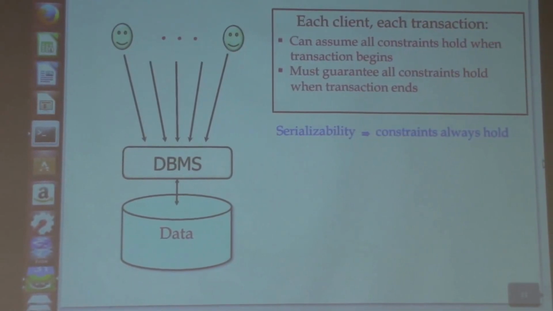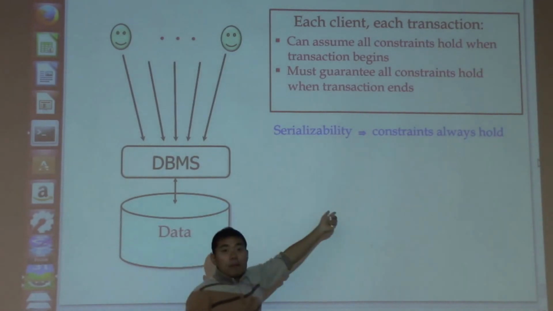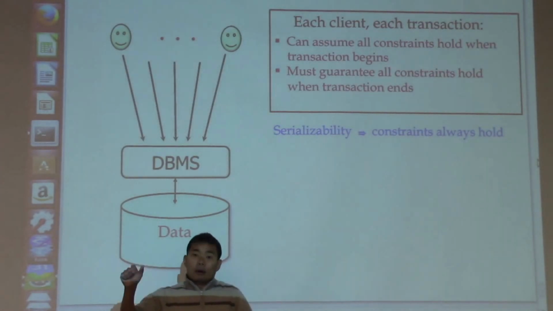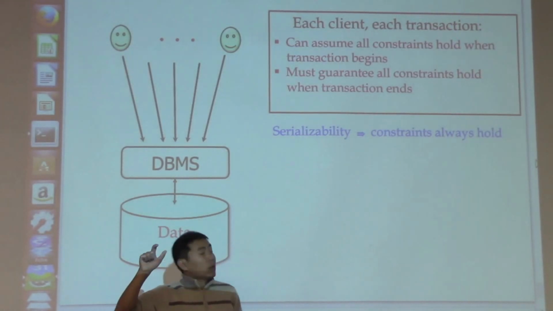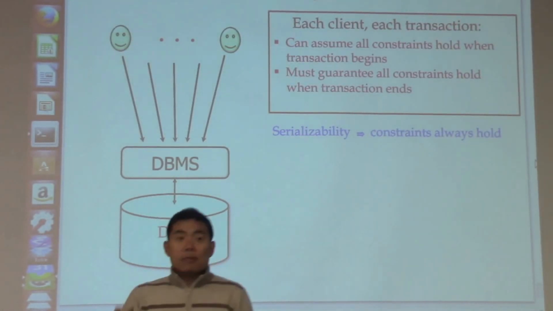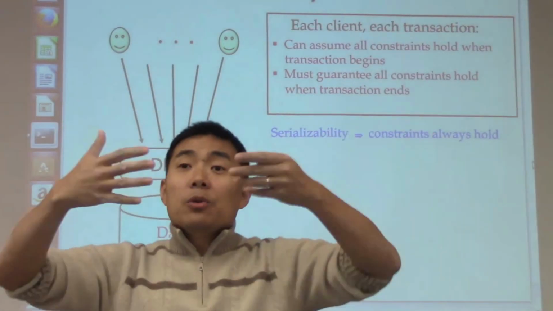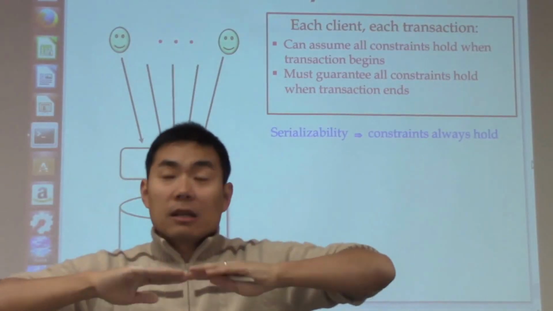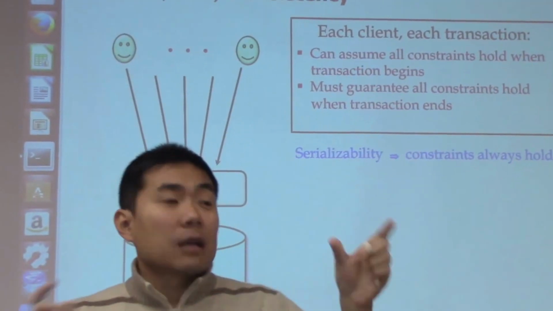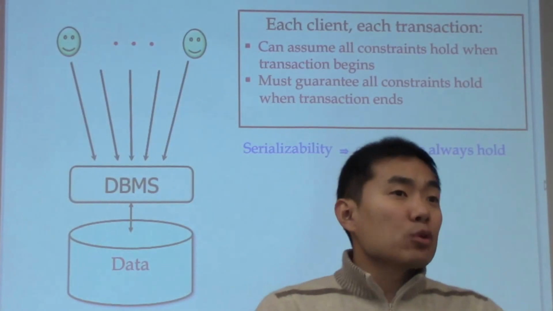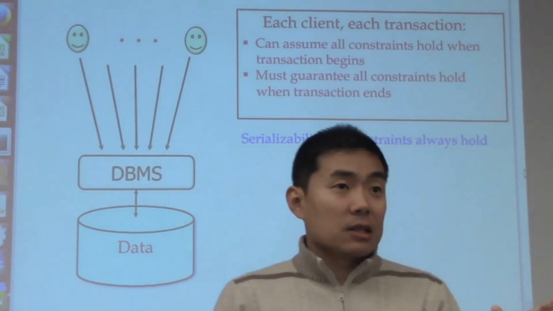Consistency, we talked about this, right? An important fact you need to remember is that serializability automatically gives you consistency. Why? Because if you are in the serializable isolation level, no matter how you interleave these actions, at the end of the day, the effect is the same as a serial execution of these transactions. And as I argued earlier, each transaction on its own ensures that the database is consistent.